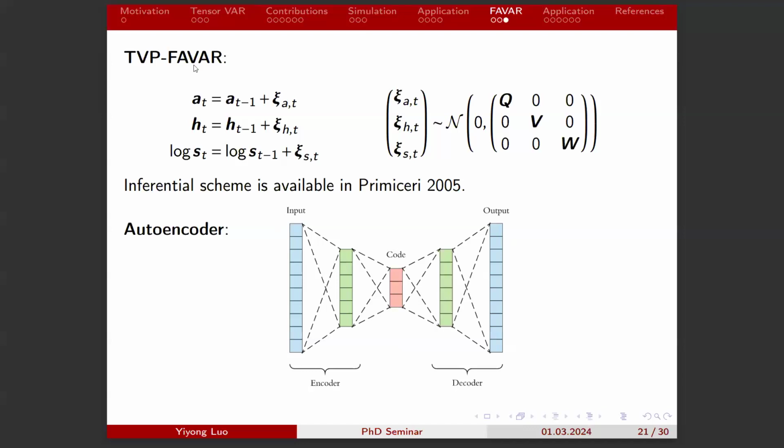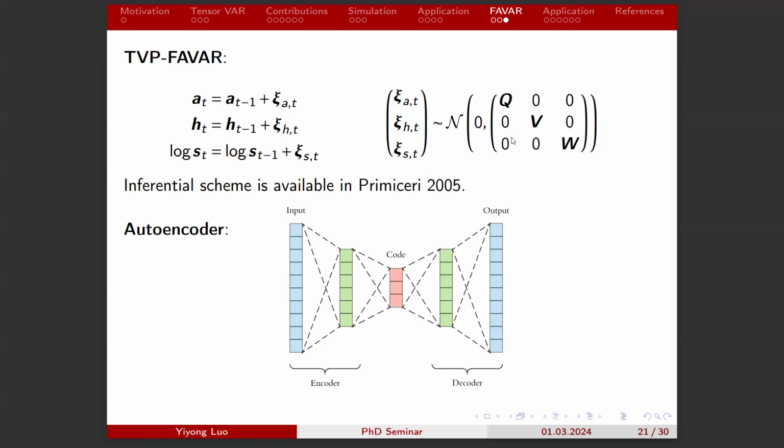So let's give some more details about the TVP-FAVAR and the autoencoder. For the TVP, we set it to have a random walk structure. Here is the vectorization of our coefficient matrix A_t and the non-zero elements in the lower triangular matrix H_t. Since S_t has positive values, we need to take the log to get the random walk.